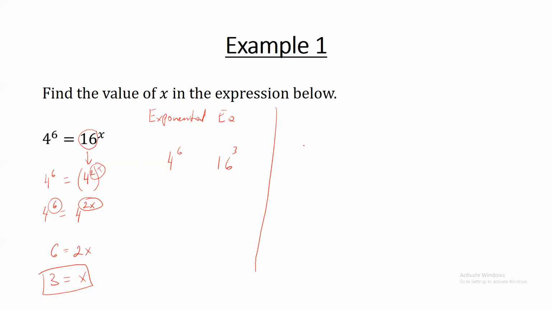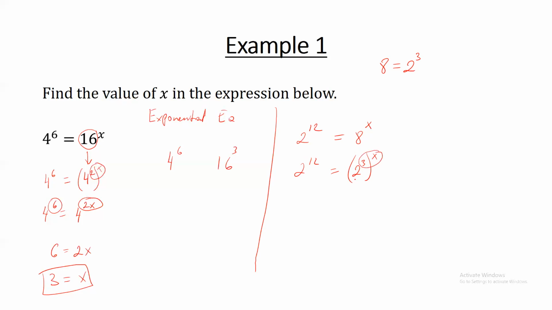Let's say that we have 2 to the power of 12 is equal to 8 raised to the power of x. Again, the idea is we know that 8 is the same thing as 2 raised to the 3rd power. So instead of 8, we can write 2 to the 3rd power, to the power of x.